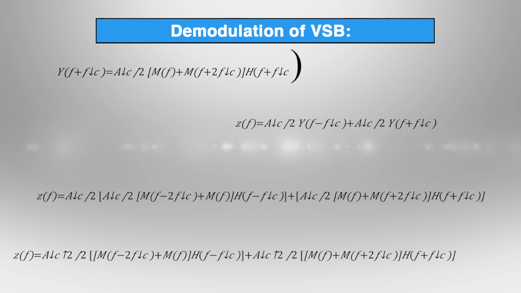Or it can be written as Z(f) equal to Ac²/4 [M(f − 2fc) + M(f)], the whole multiplied by H(f − fc), plus Ac²/4 [M(f) + M(f + 2fc)], the whole multiplied by H(f + fc).